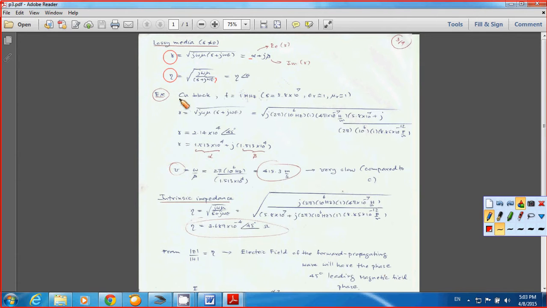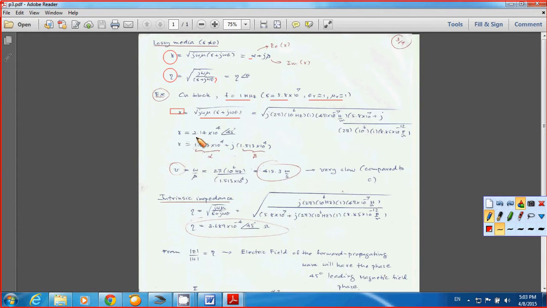Okay. Now take a look at the example. For the copper block, you have the frequency 1 megahertz and sigma, the conductivity of copper, is equal to 5.8 times 10 to the 7. Epsilon r is about 1, mu r is about 1. So you can calculate your gamma here. Just plug in the numbers, following the equation here.